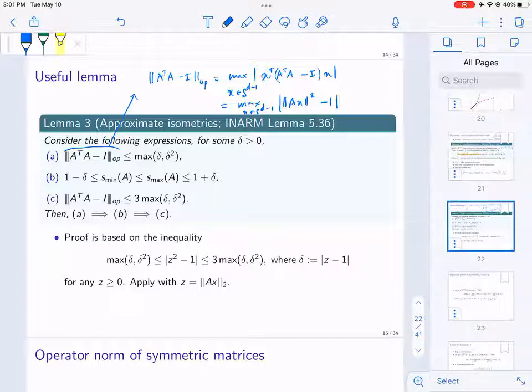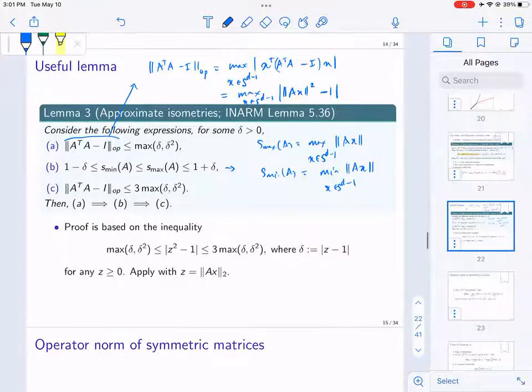So this inequality is saying, S max of A is just the maximum of the norm of Ax over x in S^{d-1}, and S min, we can argue, is just the minimum of the norm of Ax over x in S^{d-1}.